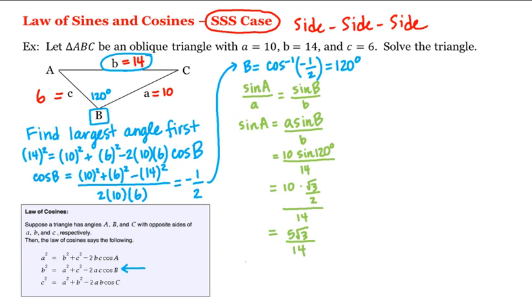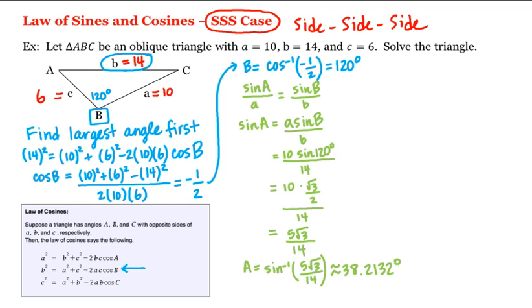And therefore, A is equal to the inverse sine of 5 times the square root of 3 divided by 14. And using our calculator, we get that this is approximately 38.2132 degrees.